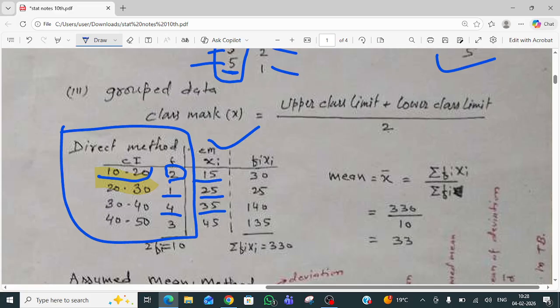So mean is equal to sigma fi xi by sigma fi. Like two students who score 15 marks each, so total marks is 30. So we add, this is the sum of all marks of all students together, and this is the number of students. We divide this. Now, the next method is the assumed mean method.